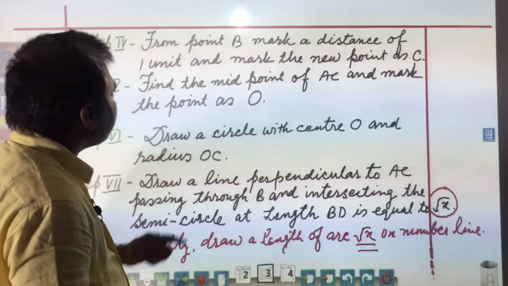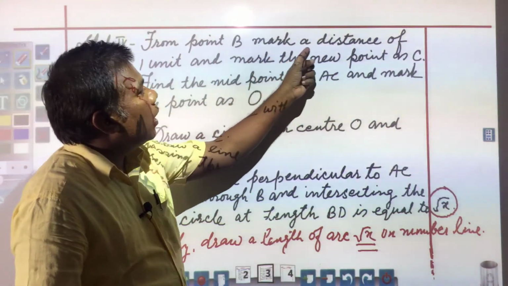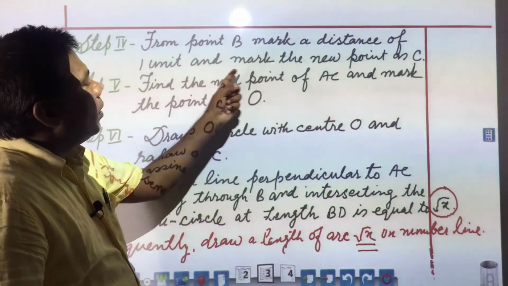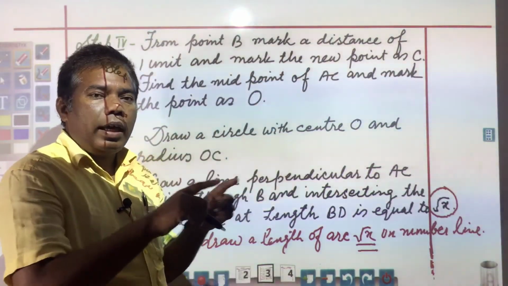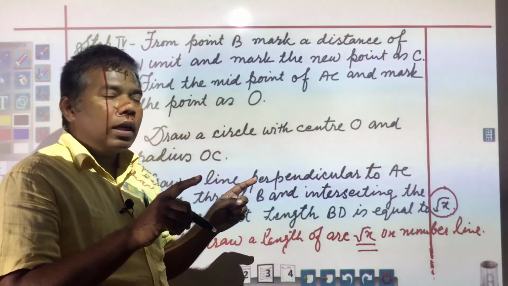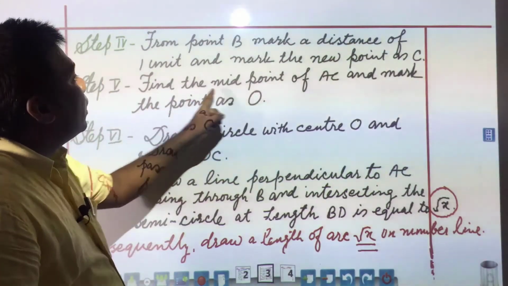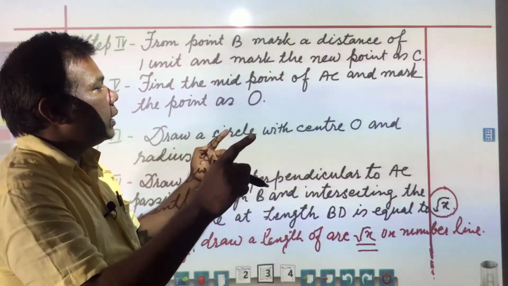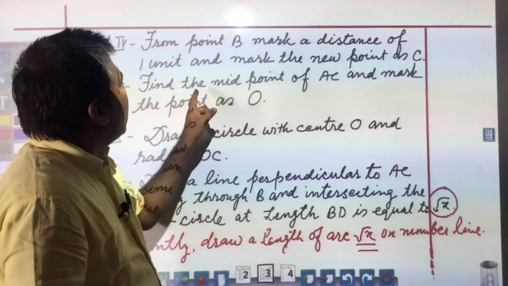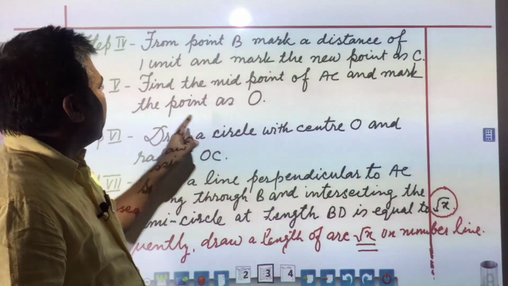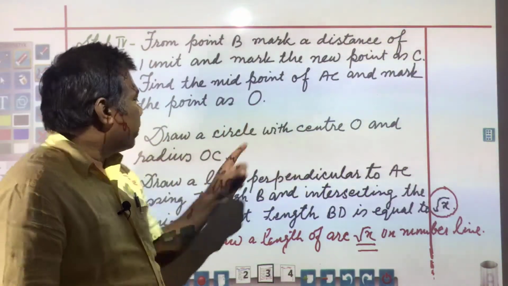Next, step 4, from point B mark a distance of 1 unit and mark the new point as C. AB is x units and from B to C you take 1 unit. Find the midpoint of AC. Now, AC means x plus 1. The midpoint of AC you need to find out and mark as O.